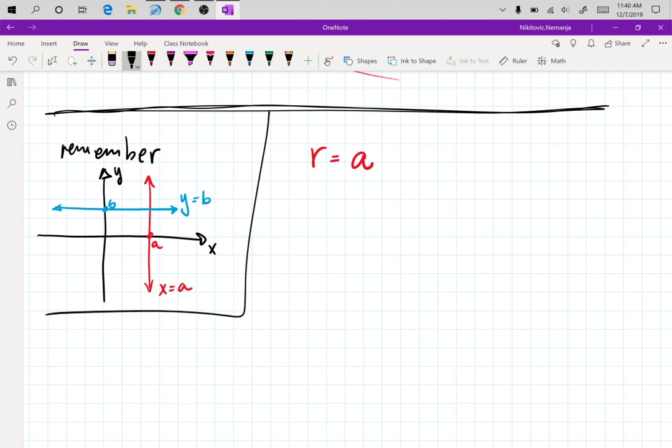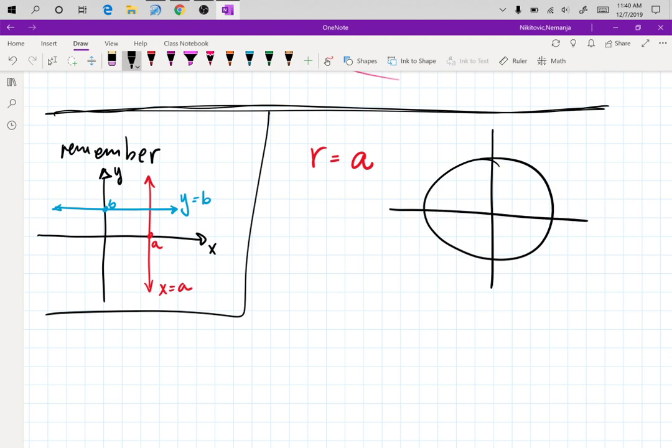Which one is changing all the time? Which one is standing still? Your radius would be the same. Radius will always be the same. And what changes? Your angle. My angle. Okay, so what would that make? A circle. Nice. So that's a circle with radius a.